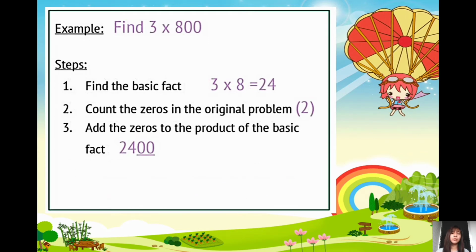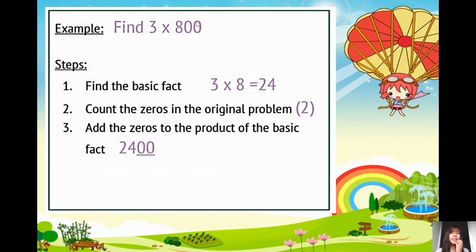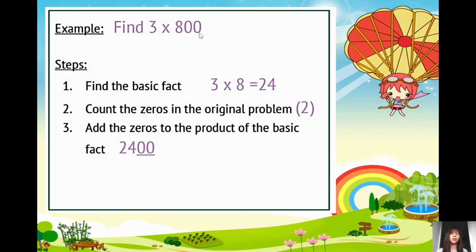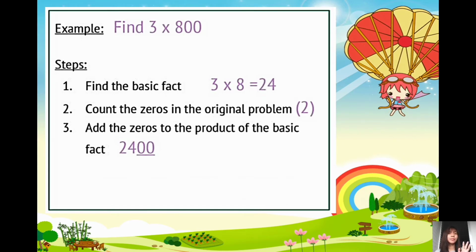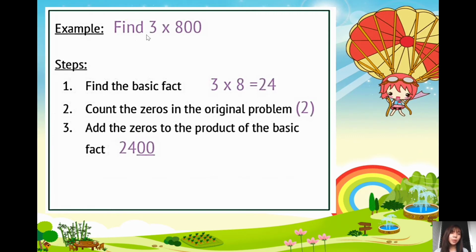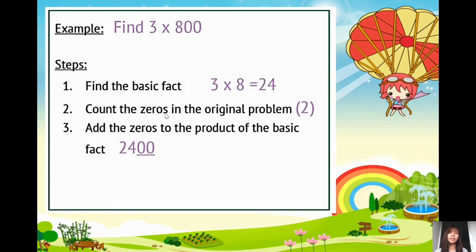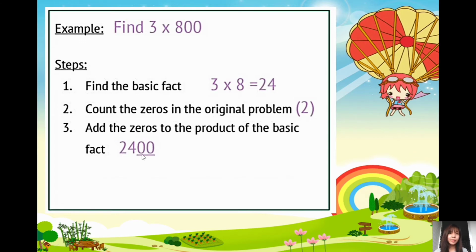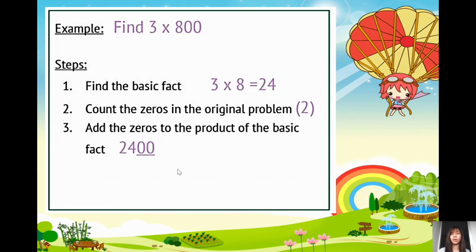So if you just look here from step 1 to 3, if one of the numbers you multiply has zeros, you can just multiply the numbers which are not 0, then count how many zeros and just add them here like this. So you have 2,400 as your final answer.